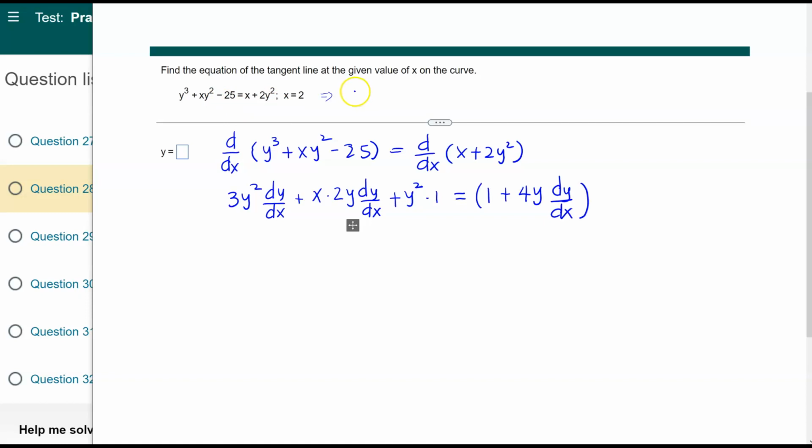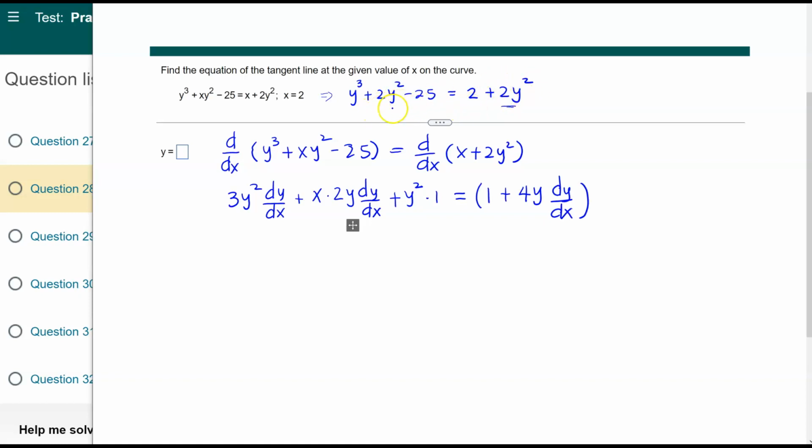So you would do y cubed plus 2y squared minus 25 is equal to x is 2. So replace x by 2. So 2 plus 2y squared. And then you would solve for y. So now here, we have a 2y squared here and a 2y squared here.